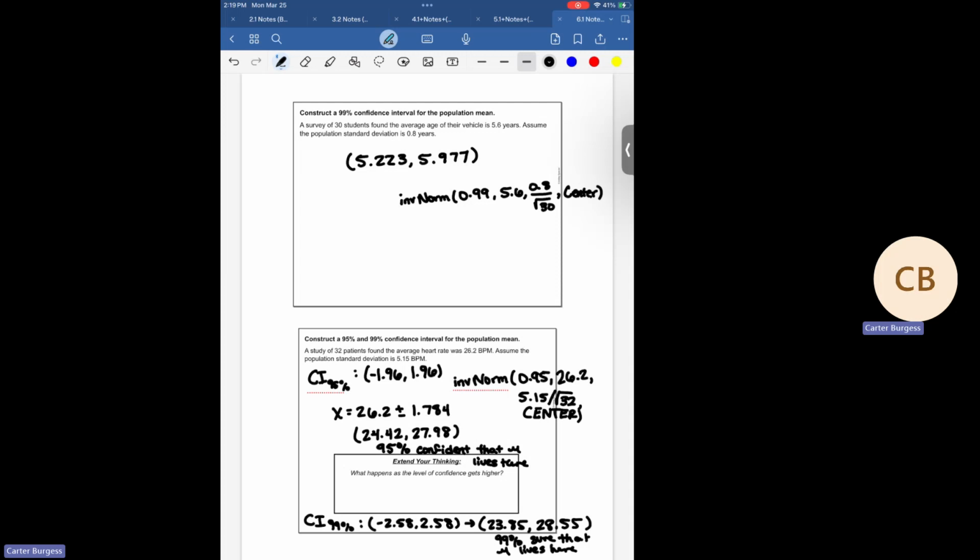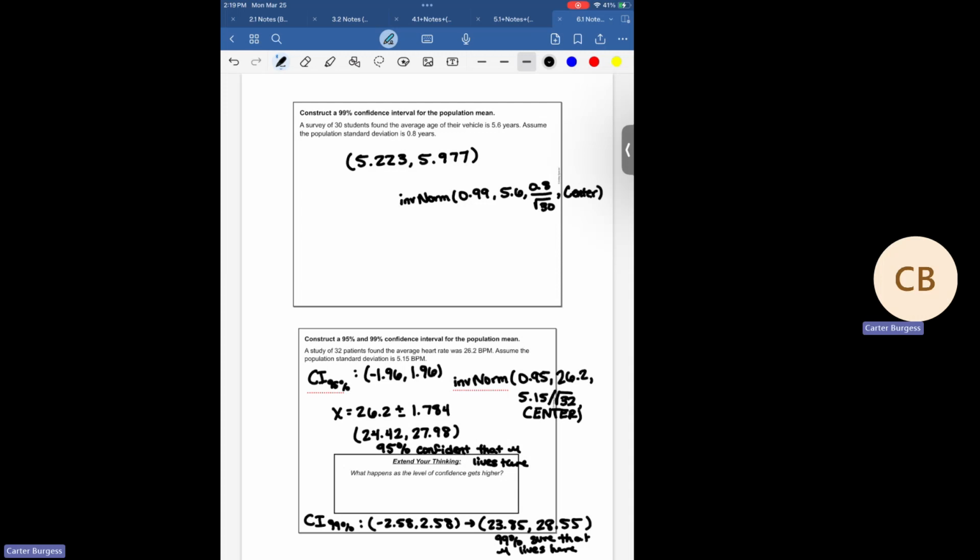Yeah, this is specifically if we know the population standard deviation. It's also specifically if we know the population standard deviation and we have a fairly large size of n. Because otherwise, we don't get guaranteed that we're pulling from a normal distribution.